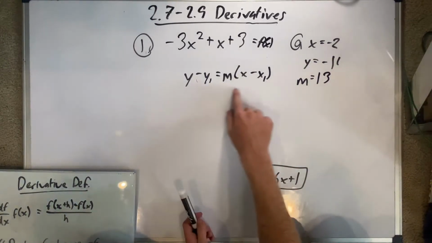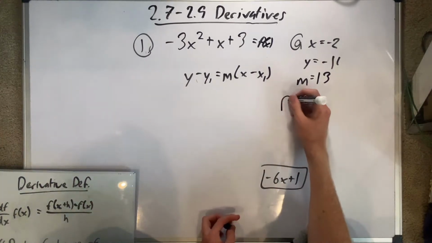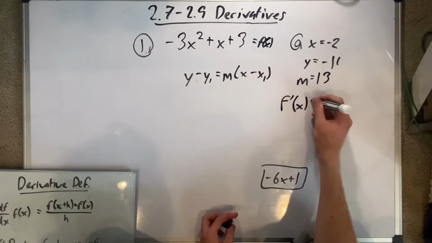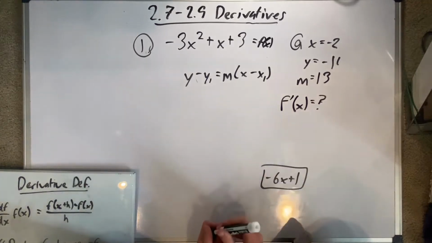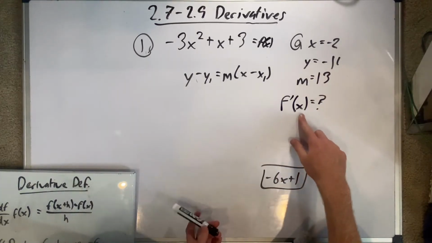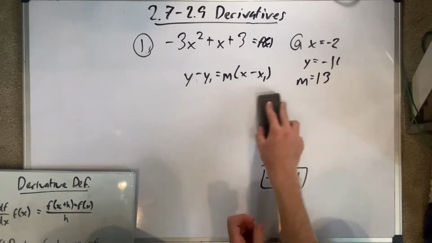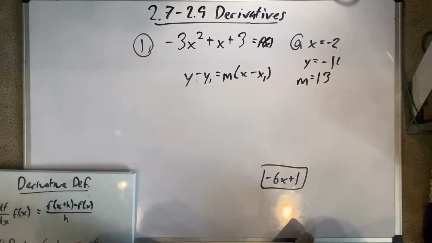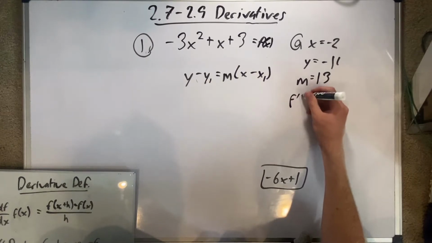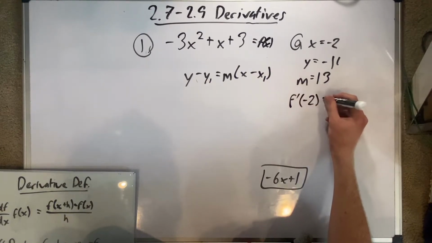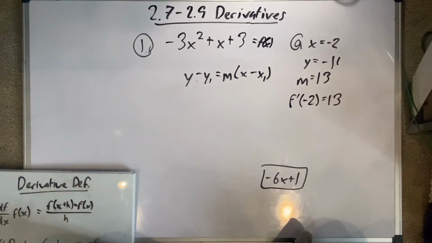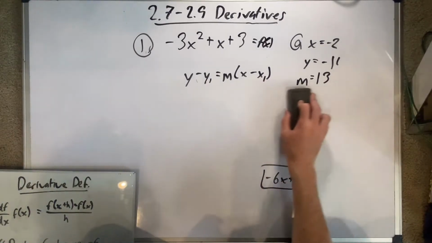So that means that now, and you'll also see this notation. This notation means what's the slope at any one point. This means what's your derivative answer at a point. So in our case, f prime of -2 is equal to 13. So there we go.